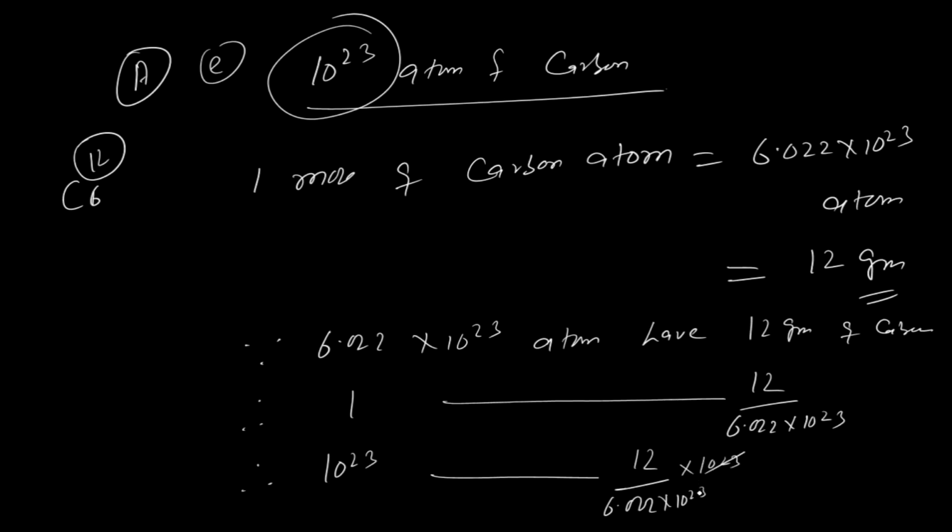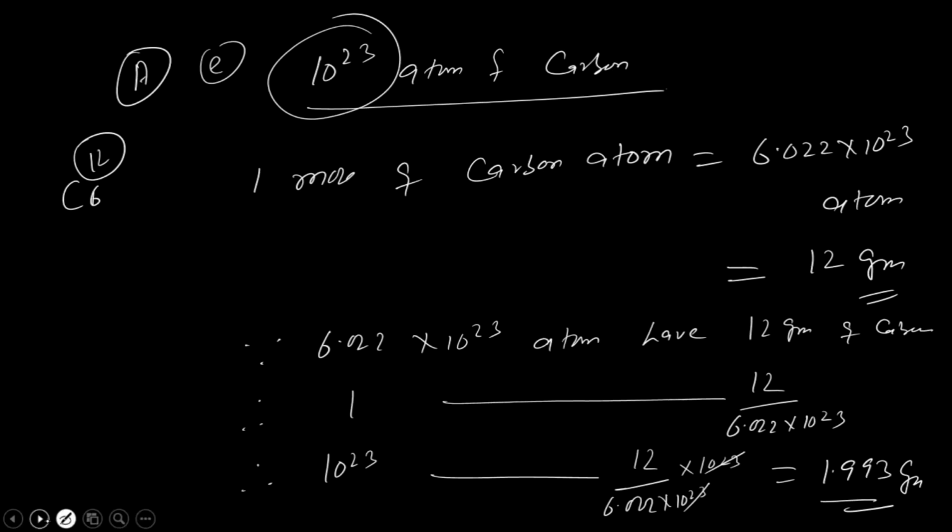Just the 10 power 23 cancels, and we solve this. Just solve it. It's near about 2, but as it is 6.022, it will come 1.993 gram as the mass.